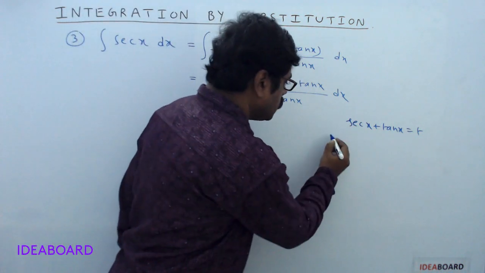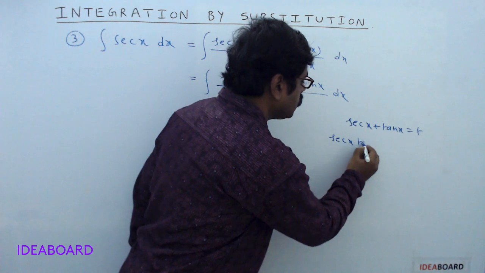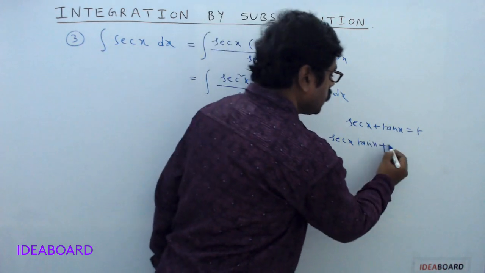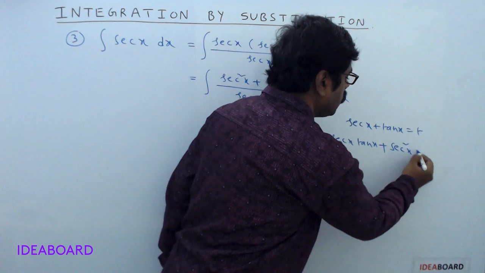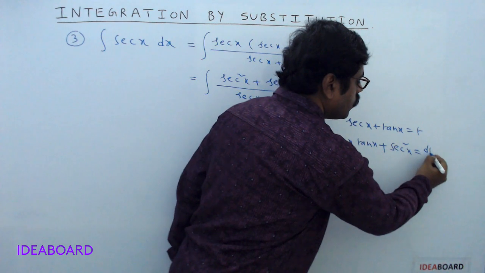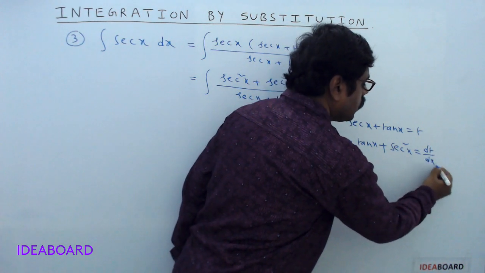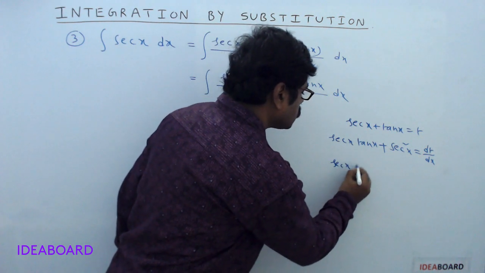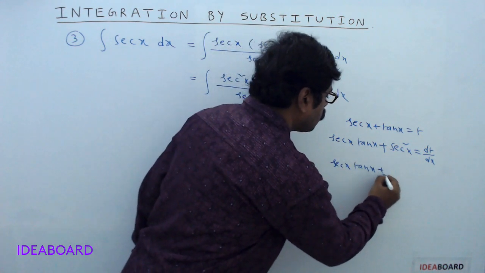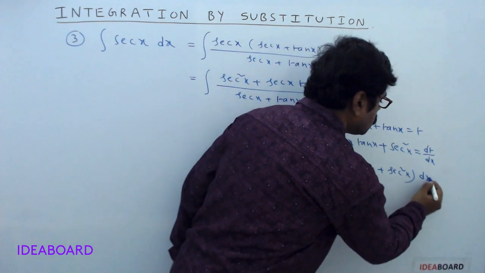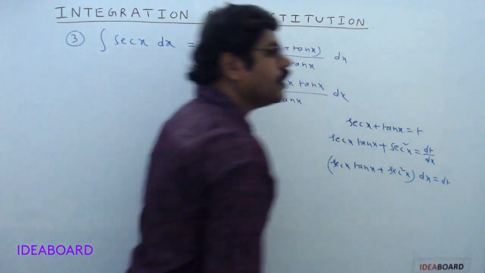The derivative of secant x is secant x into tan x, plus the derivative of tan x is secant square x, equals the derivative of t with respect to x, dt by dx. Now this is secant x into tan x plus secant square x dx equals dt.